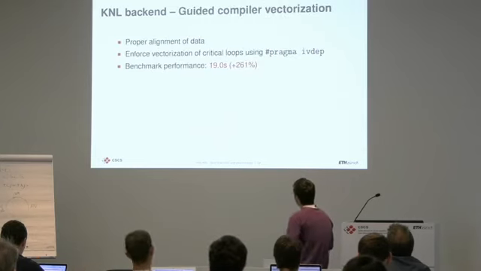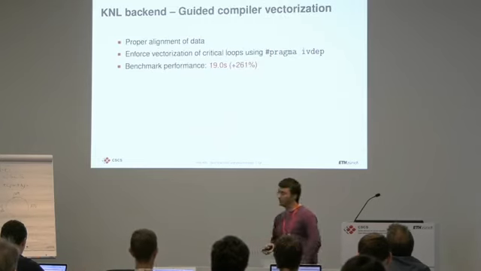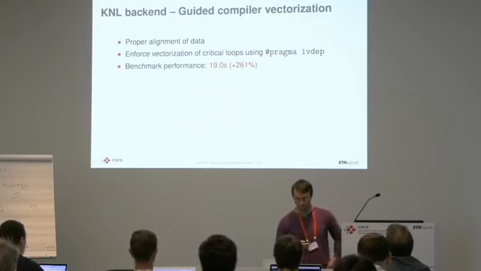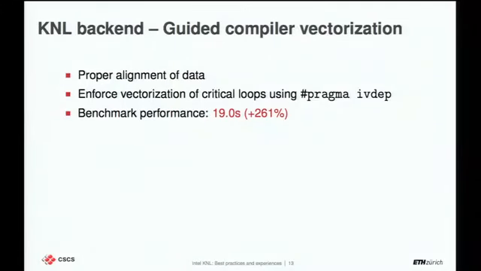So the next step was to do the guided compiler optimization. That was our first attempt, and we managed to get twice the performance. But the problem here is that we have to force the compiler to do the vectorization with the IVDEP pragma.